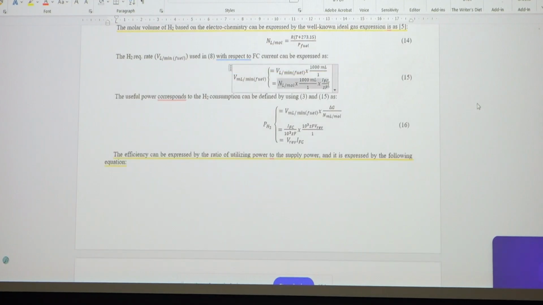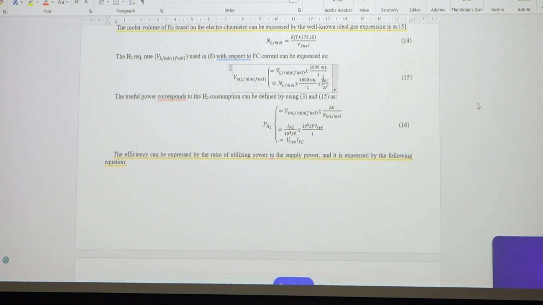Then we have these equations. Here we can also see the required amount of fuel, which is called the flow rate. Simply, we can call this left-hand variable the flow rate. The flow rate depends on the current. All other parts are constant here except the current.